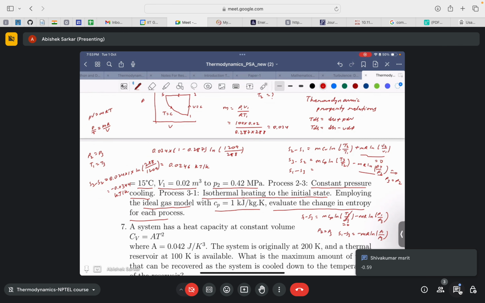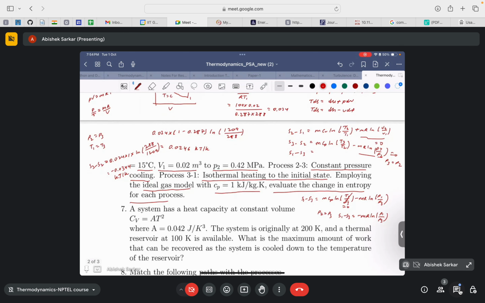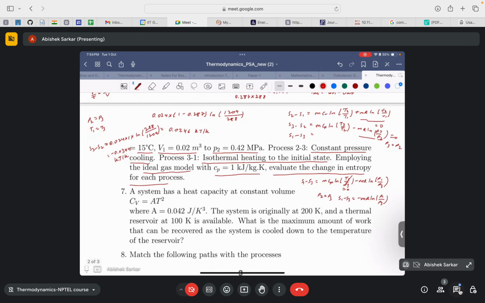Minus 0.59. Can you please check? Let me verify. Okay, I'm not sure. It may be correct, so let us check. Let me write it here somewhere.